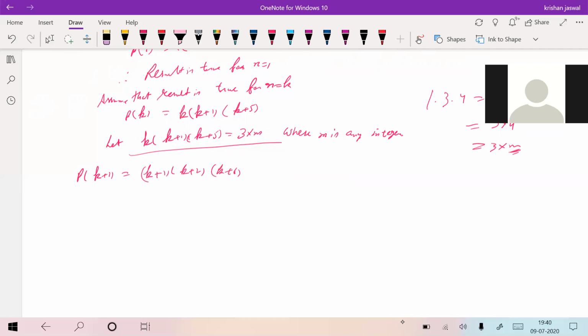And what should be our answer? We will show it is a multiple of 3.